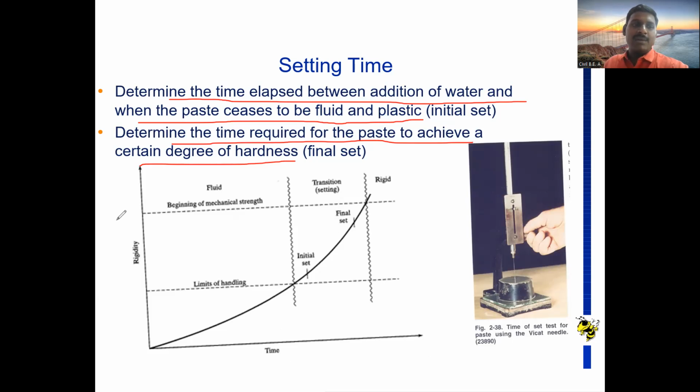If you see the graph, the rigidity is given on the y-axis and the time on the x-axis. The graph shows the initial setting and the final setting, as per the IS, as I told you.